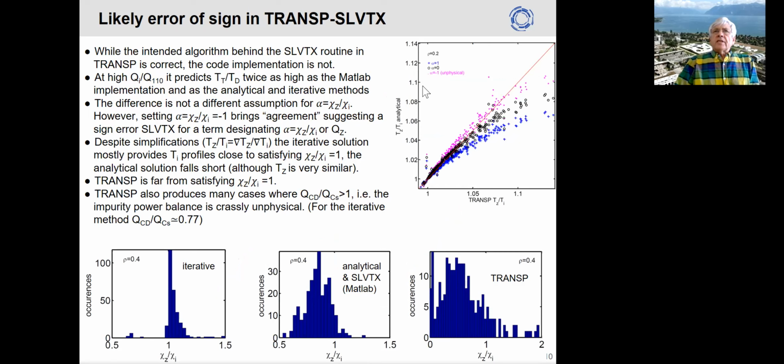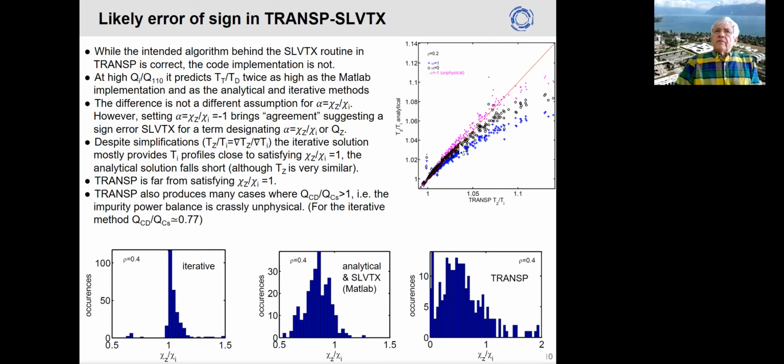This can be seen in the graph on the right, which is taken near the core, 0.2 of the minor radius, with the TRANSP ratio here and the analytical version here. We get at the highest values of Tz over Ti, which is also the highest values of Qi over Q110, here some 14%, but here only to 7%.